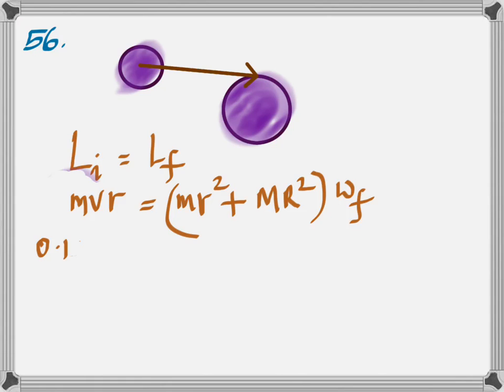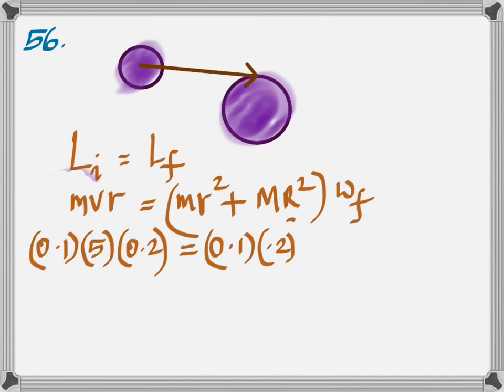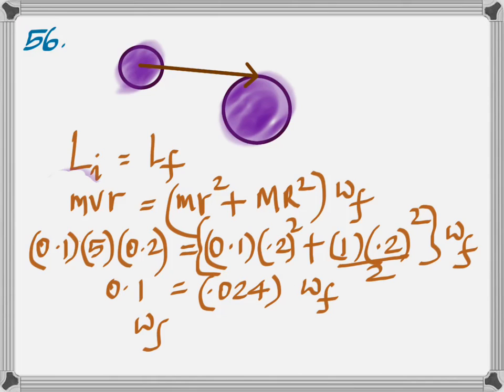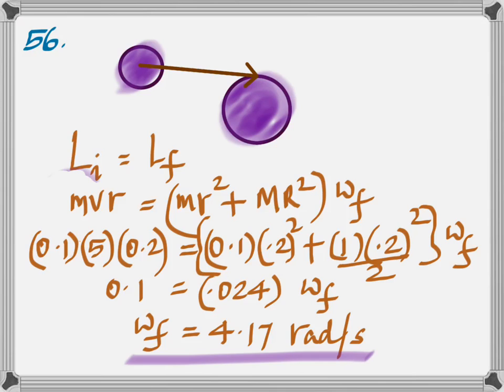And p is linear momentum. That's how I get mv times r. Okay. Looked at what is given and then changed that. And then it's just the math. 0.17 radian per second is the final answer.